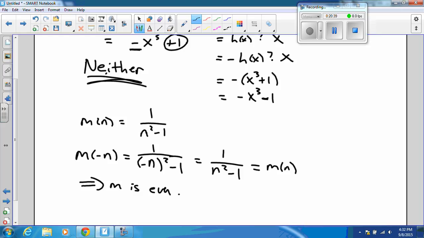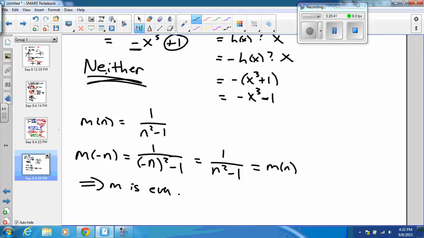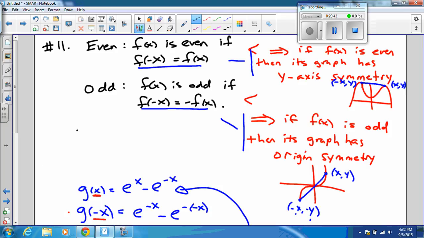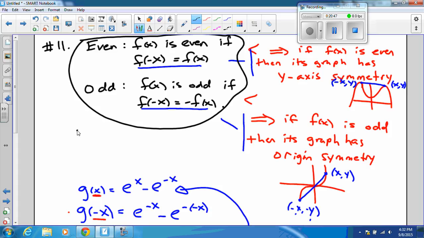So to summarize, in order to determine if a function is even or odd, I must appeal to the definition here. What about the graph? Could I appeal to the graph? The problem with graphs is this. Graphs can lie to you.